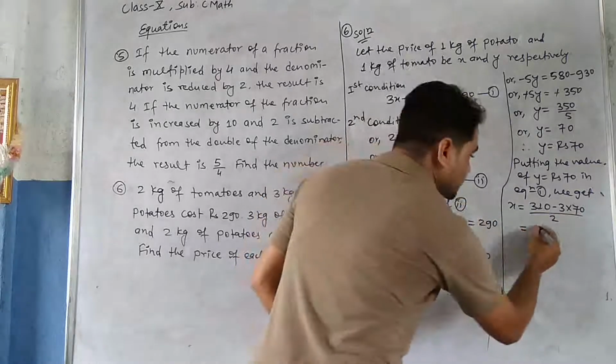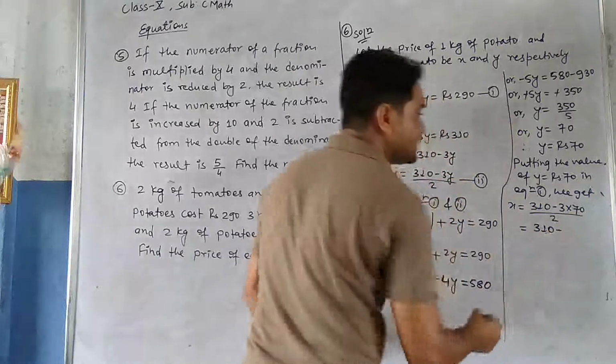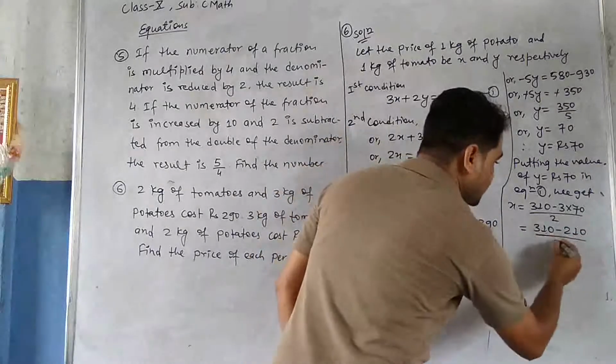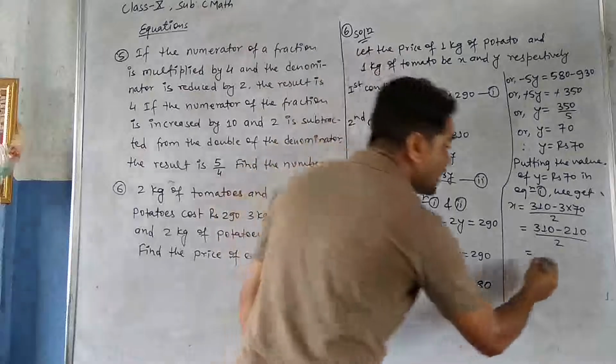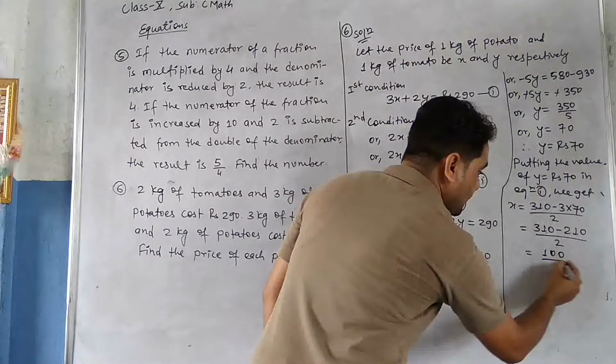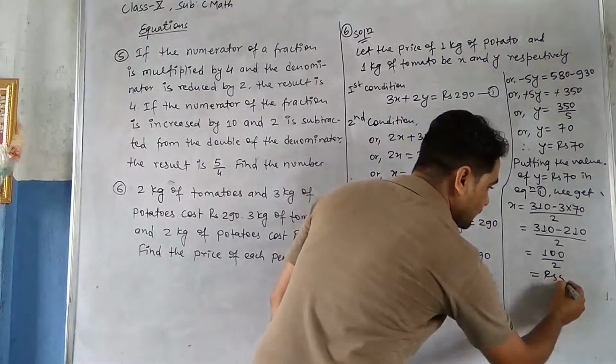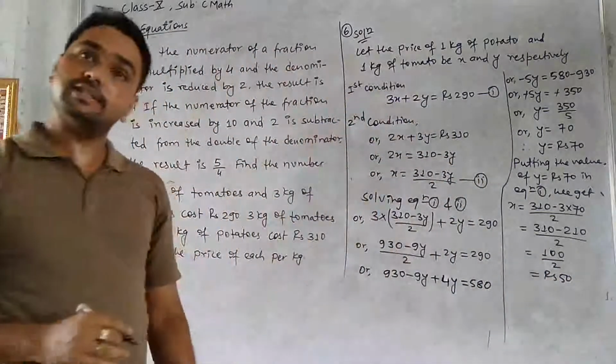That means what? 310 minus 210 divided by 2. That means we get what? 100 by 2, that is Rs 50. This is a number.